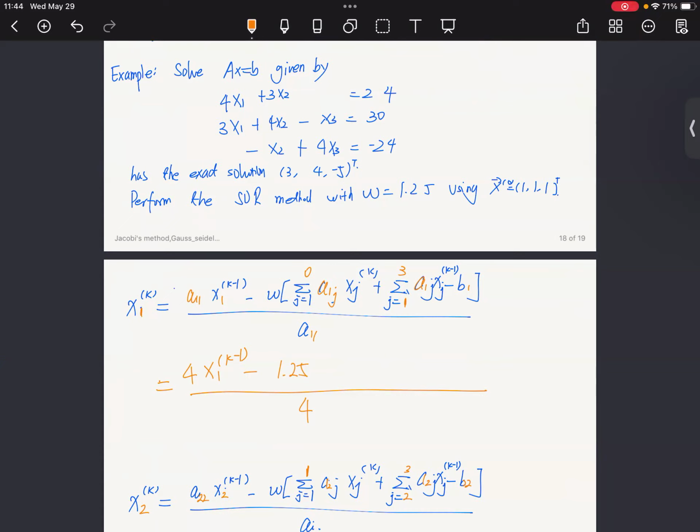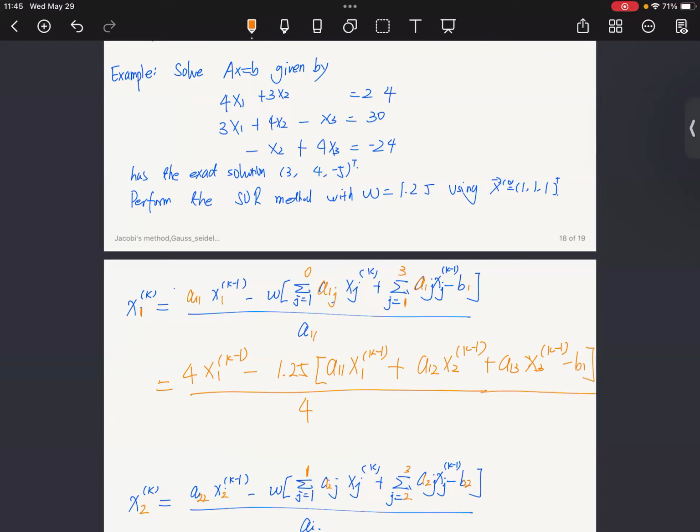So what we have here should be a1j xj, with j equals 1 first. So I have a11 x1 at k minus 1, plus a12 x2 at k minus 1, and a13 x3 at k minus 1, and also minus b1.